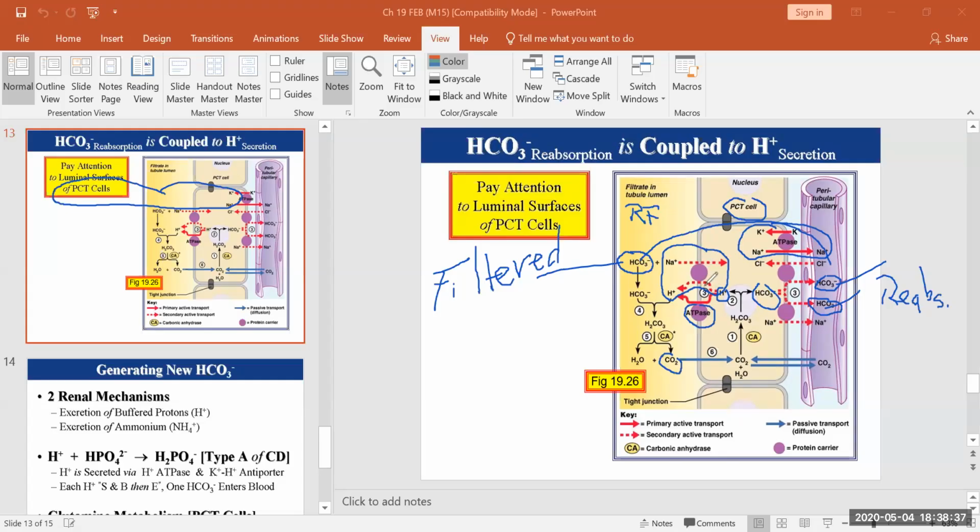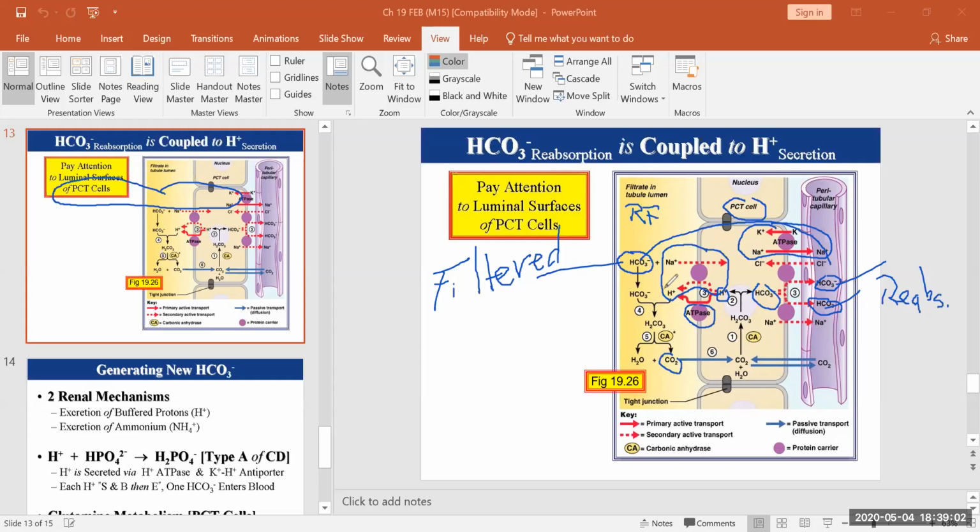So there are two ways for the proton to leave this PCT cell: by a primary active transport, so the proton ATPase pumps out only proton, or through a sodium proton symporter, co-transporter. No, sorry, I take that back, antiporter.